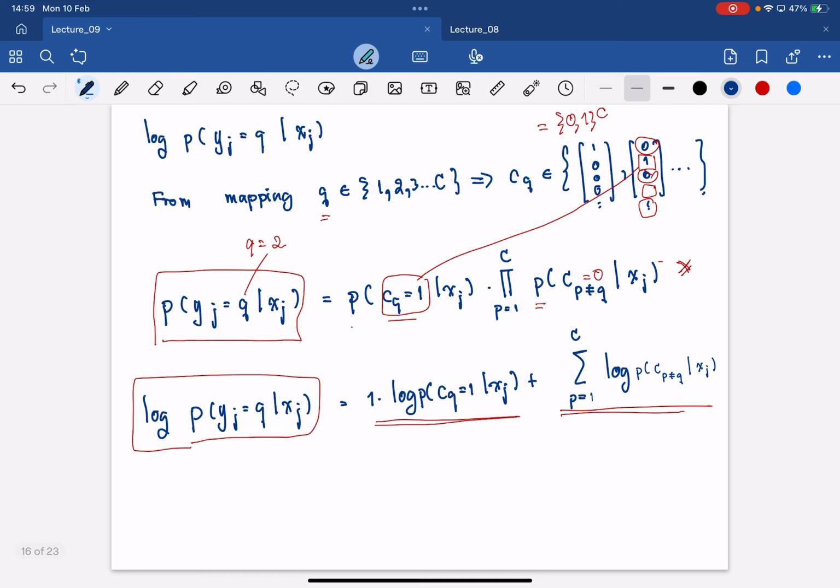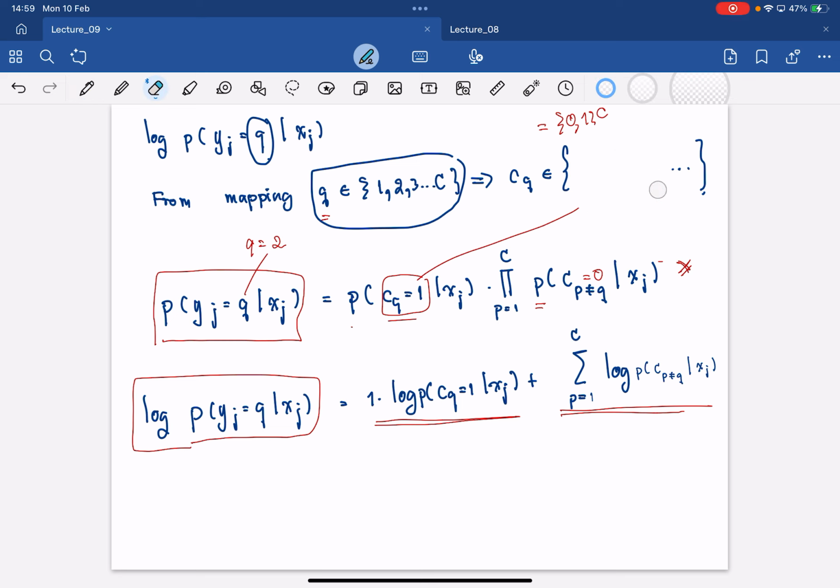Then this is where we start to reshape our problem. If we consider Q as an integer value and we want to map it into a binary vector, in this case, let's say we use a one hot vector. If we say that Q is class 2, we can use a vector of all 0 except the location 2, which is equal to 1.